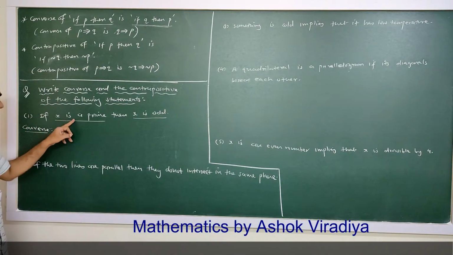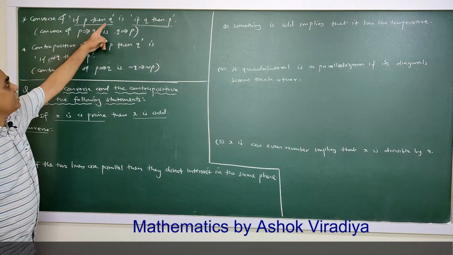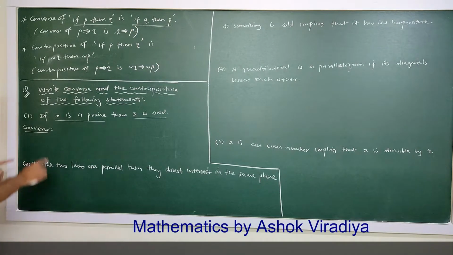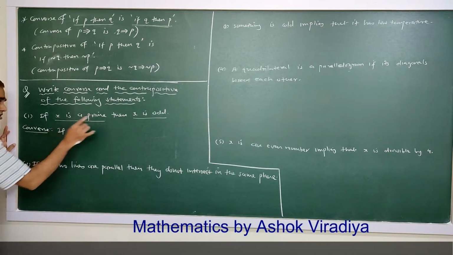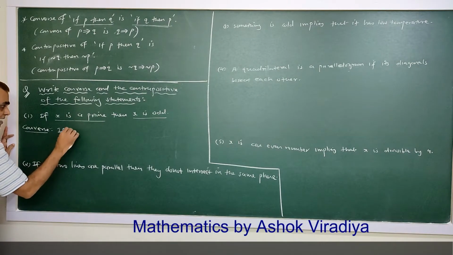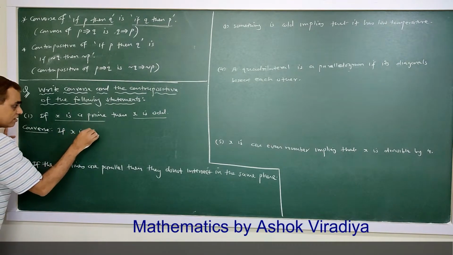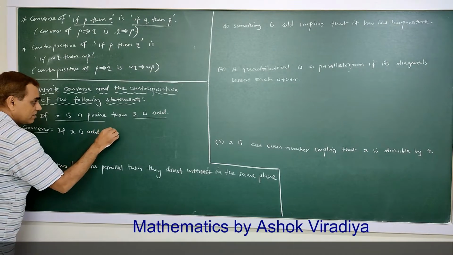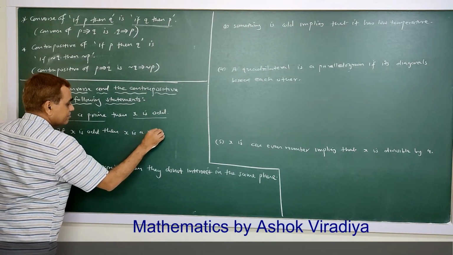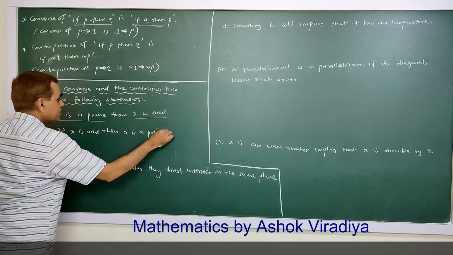If P then Q, its converse is if Q then P. So the converse is if Q then P. If x is odd, then x is a prime. The meaning is changed.